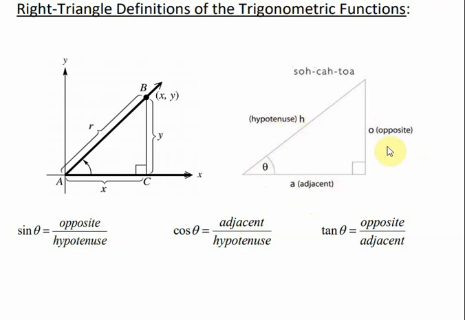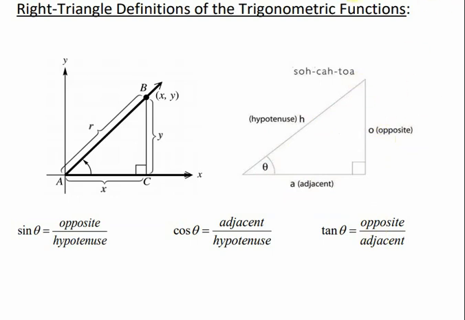So we have these different parts of a triangle. Whatever angle we are picturing ourselves as standing on, the other parts are going to be in relation to that. So say, for example, if this was my angle, then this side would be opposite that angle, and this side would be adjacent to that angle because it's touching it. The hypotenuse is always going to be the one that's across from the right angle.